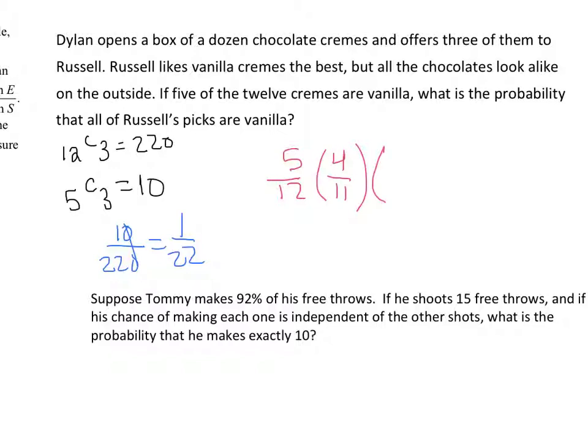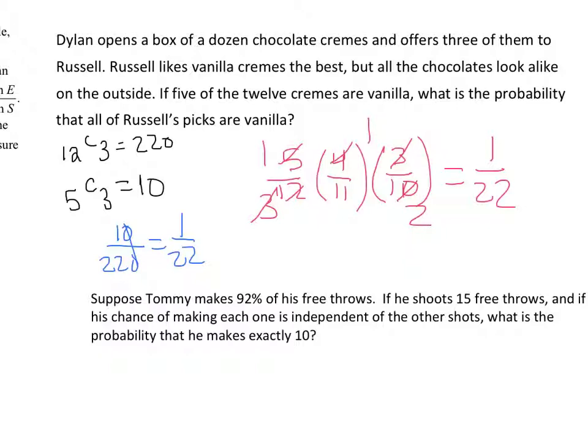Now there's 3 vanilla left, and there's 10 total. So multiply these out. Well, simplify this first. You get 1/22. So either way of calculating the probabilities there.